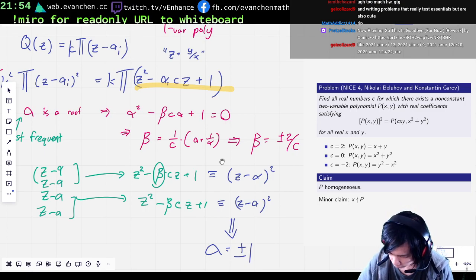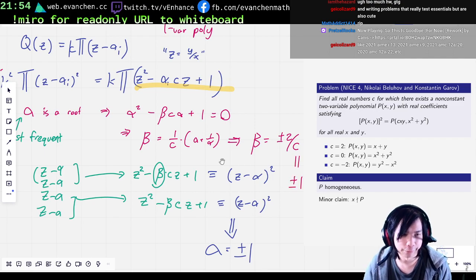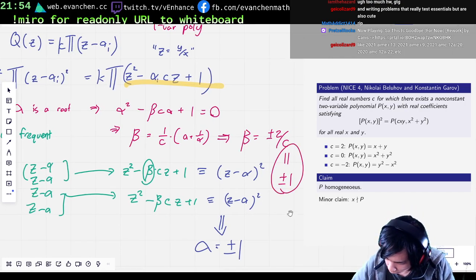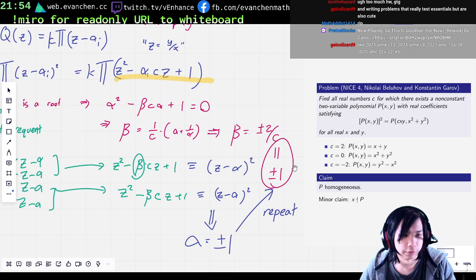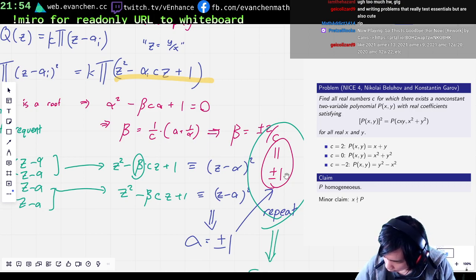So if I repeated the same logic, say replacing the alpha with beta and the beta with gamma or something, you would find that this also has to be plus or minus 1 by repeating the argument once. And so plus or minus 2 over c is equal to plus or minus 1. And so altogether, this gives you c is equal to plus or minus 2.